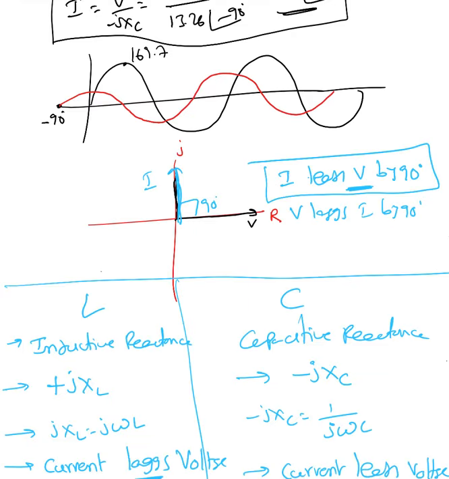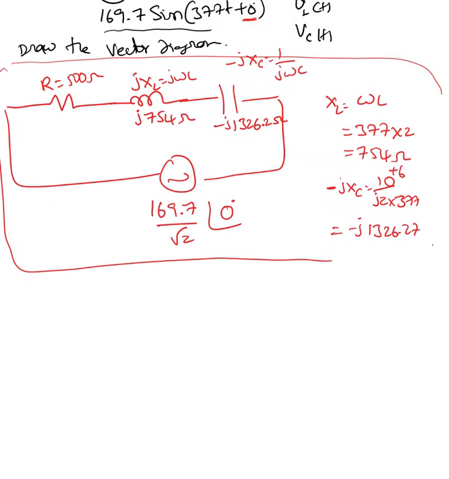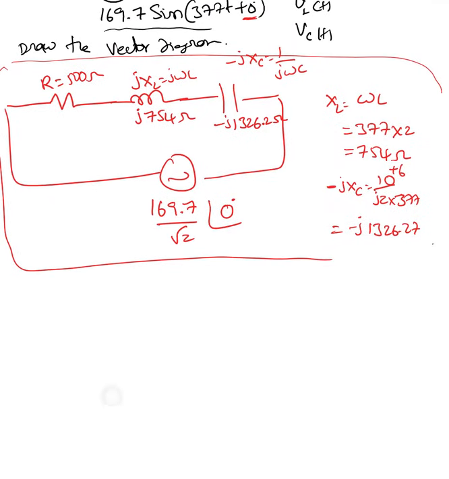Now we're going to find the total impedance. Impedance is a complex number. It opposes the flow of current in an AC circuit.